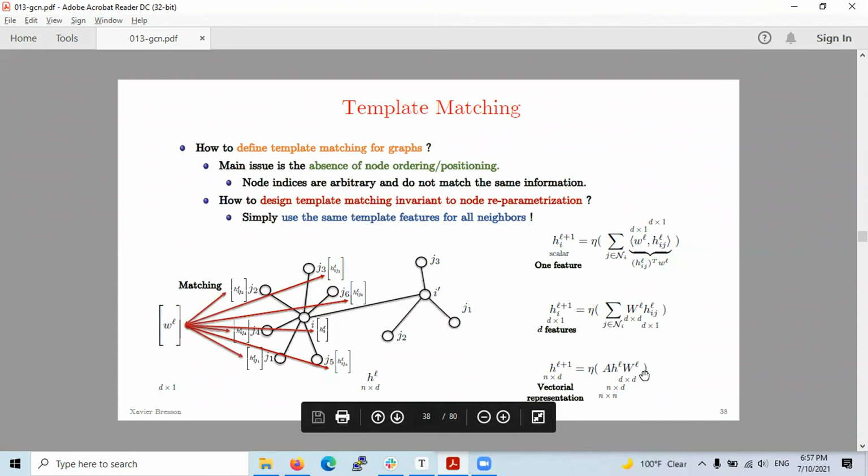If someone can explain why we are multiplying this template matching with A? Or probably because we are converting the summation, since the adjacency matrix defines the neighborhood of a node. So that's why A replaces the summation here.